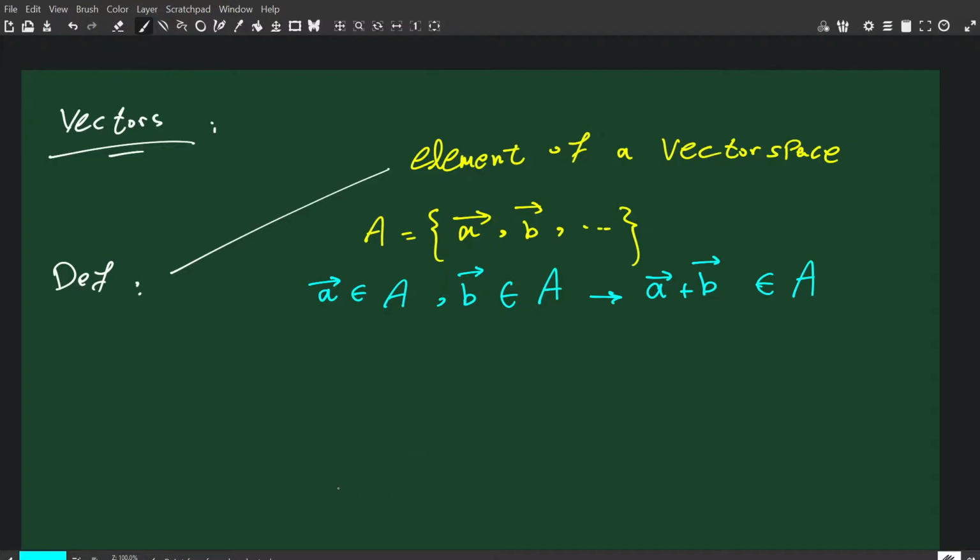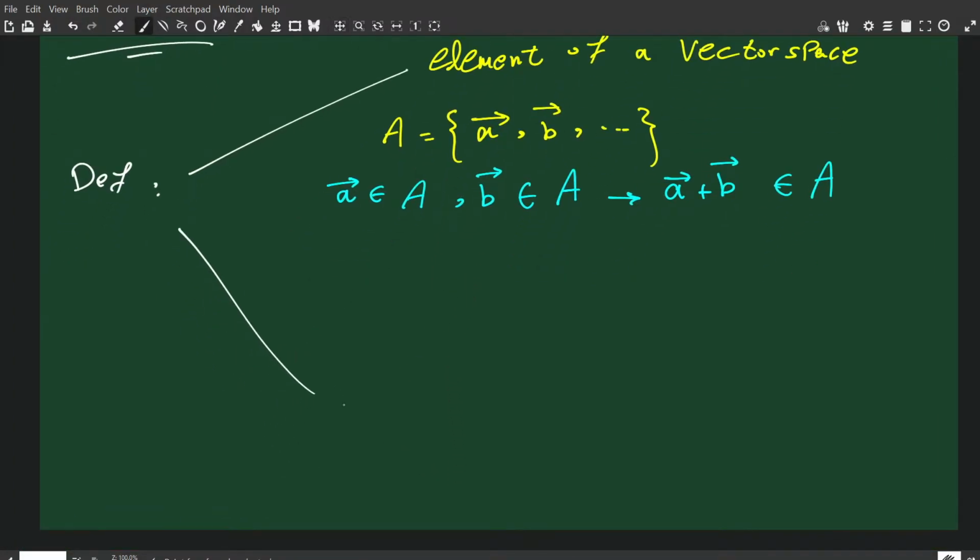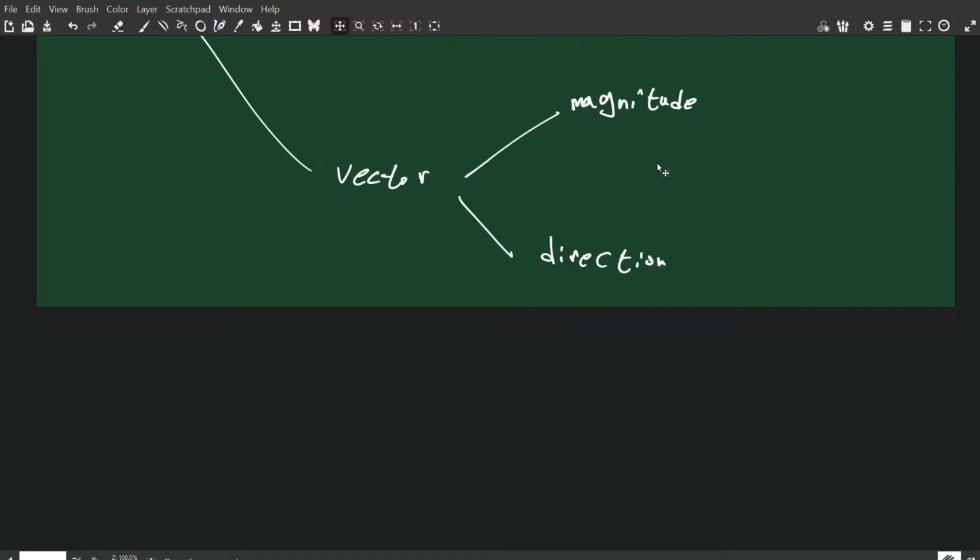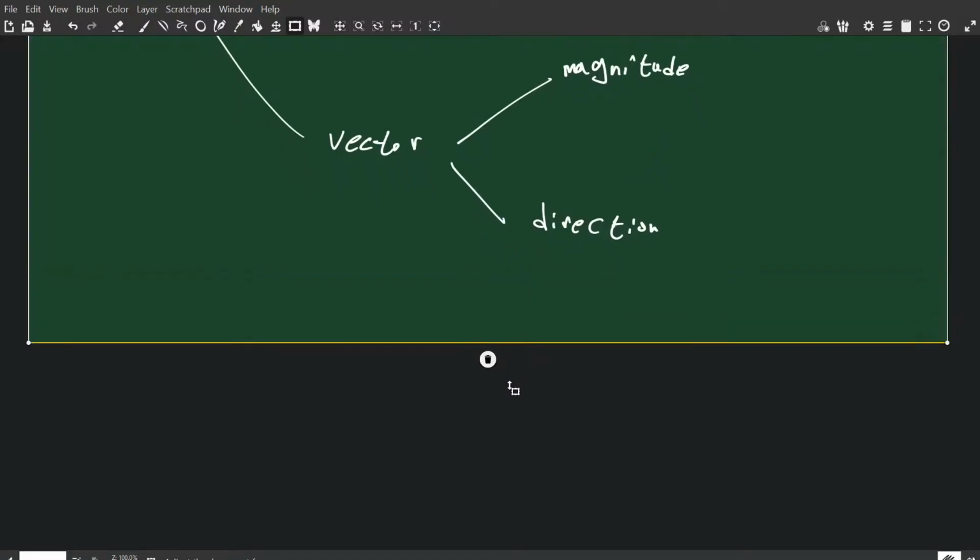But the definition that we need is this more simple one: a vector is only something that has magnitude and direction. With these two identities, we can name something a vector.